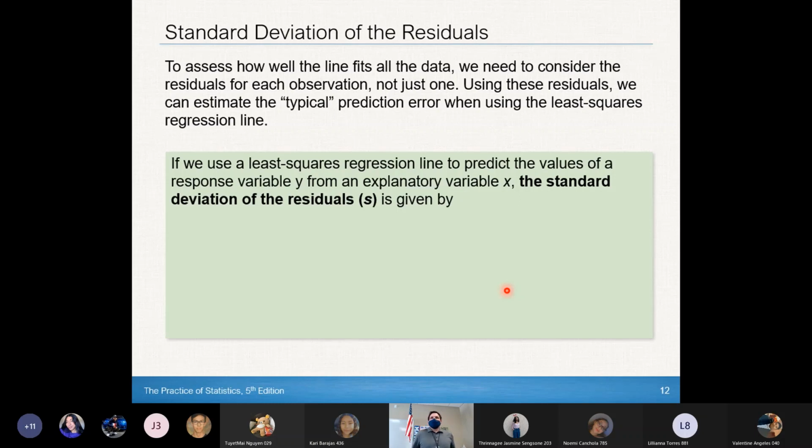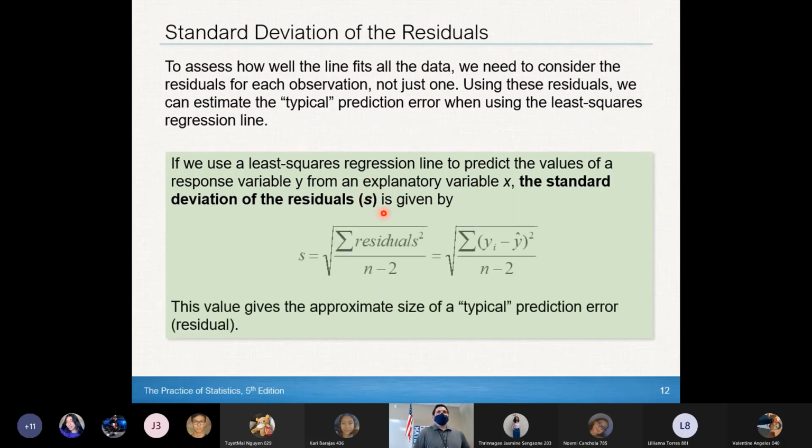If we use a least squares regression line to predict the values of a response variable y from an explanatory variable x, the standard deviation of the residuals, s, is given by: s is equal to the square root of the sum of the residuals squared divided by n minus 2, which is equal to the square root of the sum of (yi minus y hat) squared over n minus 2.